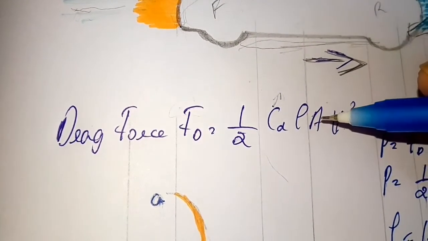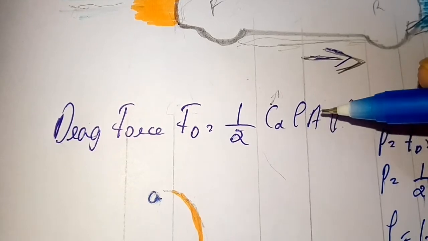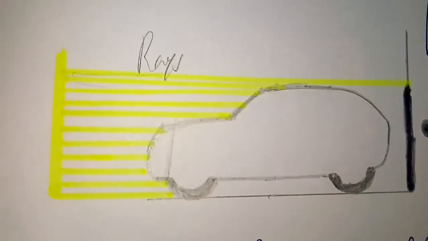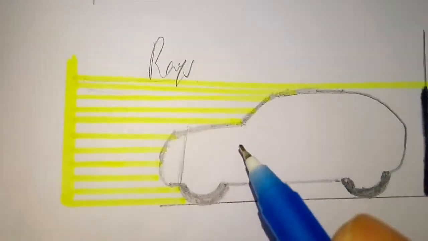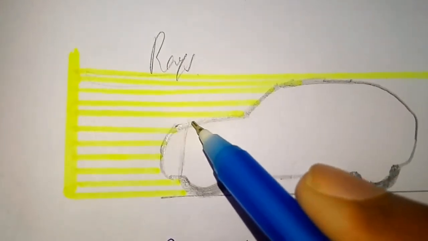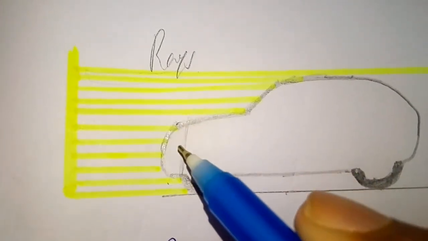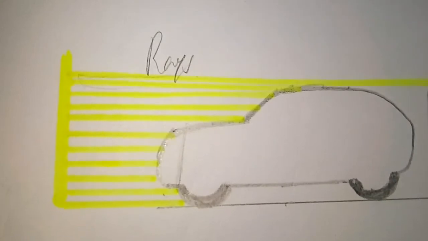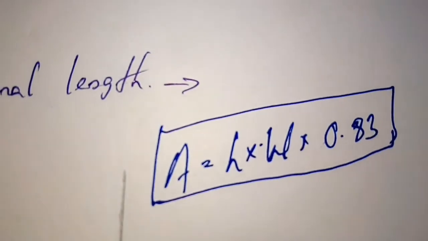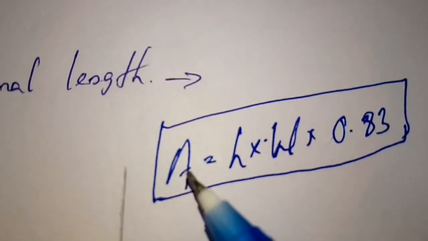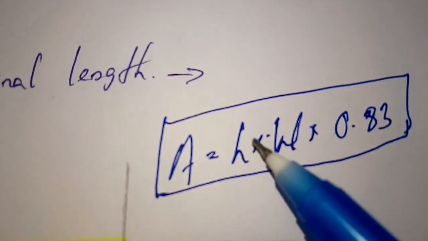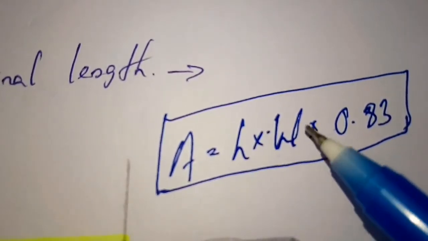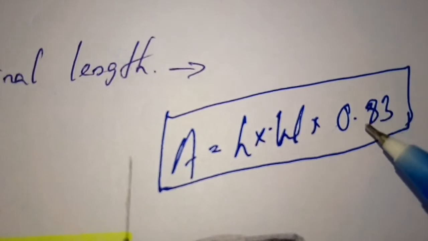Now I am going to talk about how we find the projected frontal area. You might be wondering that the projected frontal area is the area of the front of the vehicle. It is not actually true. In theory, we assume that the projected frontal area is the product of the height of the vehicle, the width of the vehicle, and a factor which is 0.83.